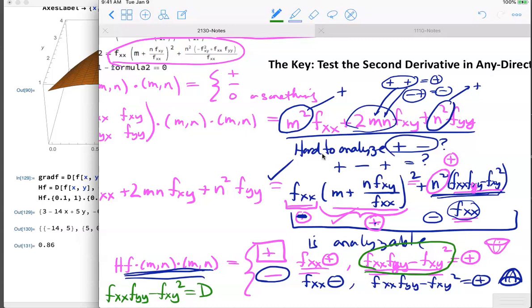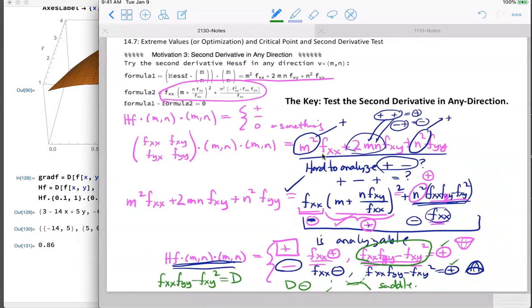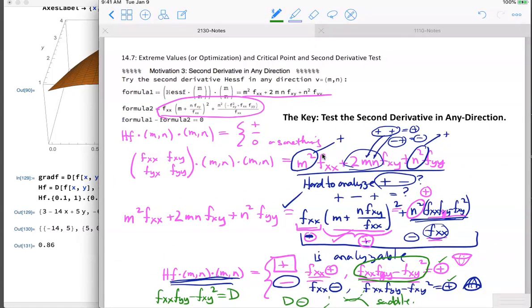If D, in both of these cases, it needs to be positive to get a local maximum or a local minimum. But if D should come out to be a negative number, then that's going to imply that we have some sort of saddle point. And examples will bear this out. So that is an analysis of where the second derivative test will come from.